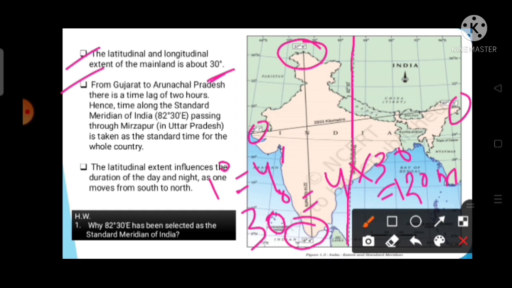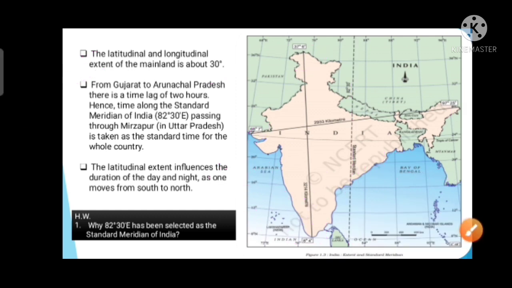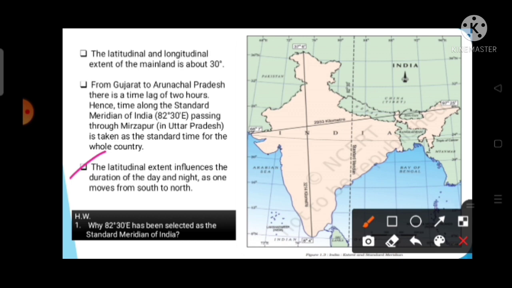Okay. Next point. The latitudinal extent influences the duration of the day and night as one moves from south to north. It affects the duration of the day and night.